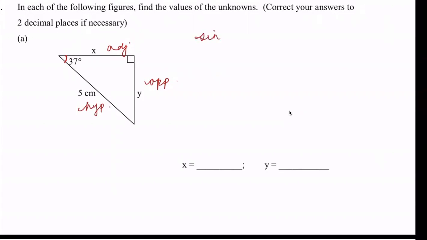If we use sine 37 degrees, we know this is equal to O over H, which is equal to Y over 5. So if we know what sine 37 degrees is equal to, we can find Y. Here we just use a calculator.